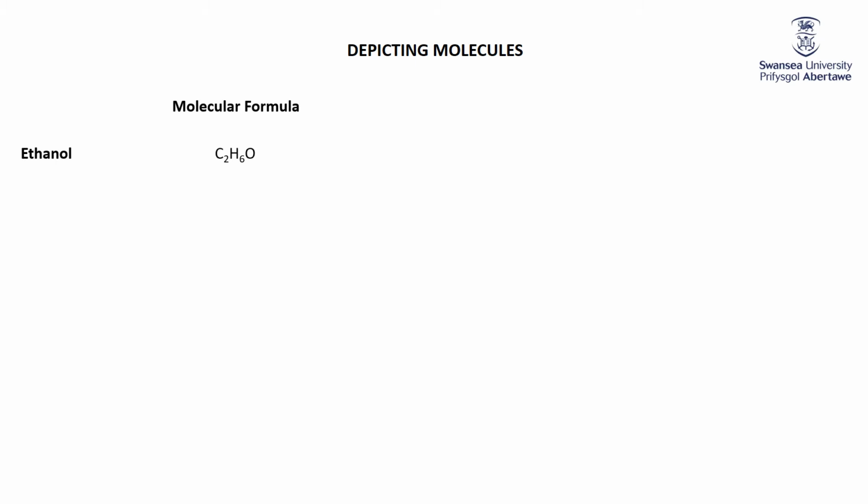Really wonderful if you want to calculate the molar mass of it or something, but otherwise gives you absolutely no information whatsoever. At the other end of the information scale is the full structure. Some people call it the displayed structure. And what you can see here is that we show every single atom, obviously, but also every single bond. We even detail excruciatingly all that carbon-hydrogen single bonded bit.